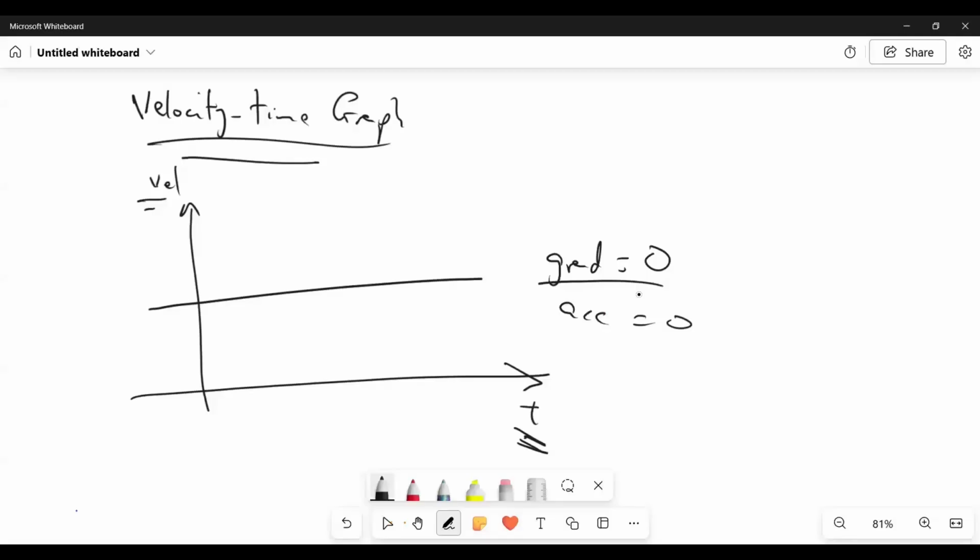And I'll show you why we say that the gradient of the velocity time graph is equal to acceleration. I'll show you that from the units. Let me change up this graph.